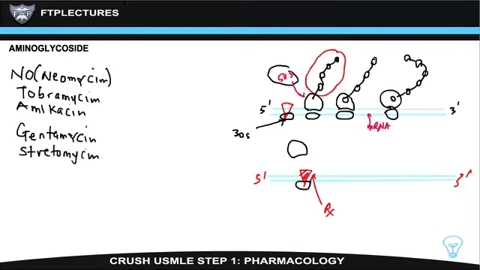See, the NO is almost like a nil, so that's how I remember it. No tags, okay? So these aminoglycosides are the NO TAGS antibiotics. That's how I keep them in my mind.